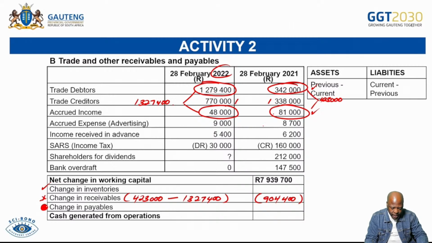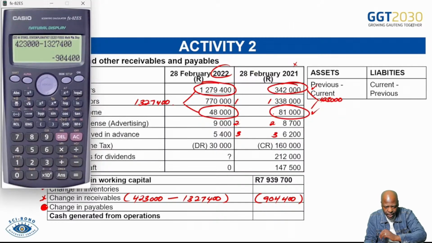And then I'm going to add my accrued expense, which is number 2 here, number 2 over there also. Then I'm going to add my income received in advance, which is number 3 here, which is number 3 there. So in other words, I'm going to add my 1, 2, 3 for 2021 and my 1, 2, 3 for 2022. Let's see if that can come out.